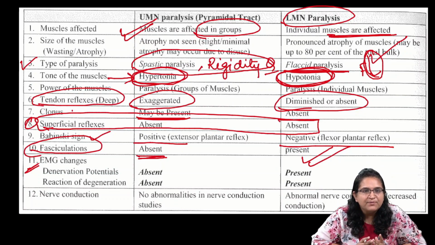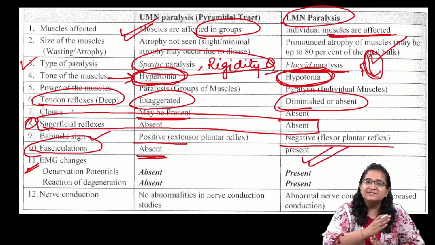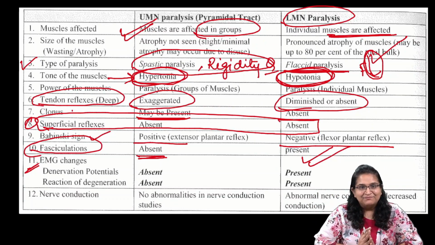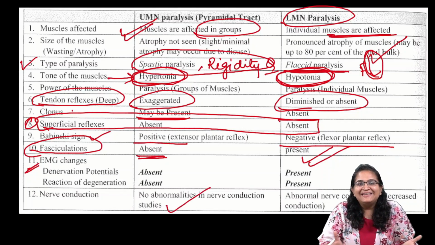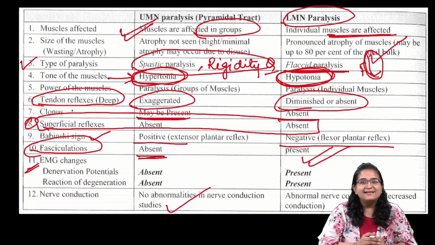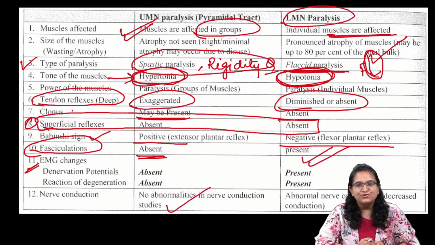The denervation potential, EMG changes and reaction of degeneration is absent in the upper motor neuron palsy, but present in the lower motor palsy. Next, nerve conduction. In the upper motor neuron, we don't see any abnormality in the nerve conduction. However, here there is decreased or abnormal nerve conduction in the lower motor neuron palsy.